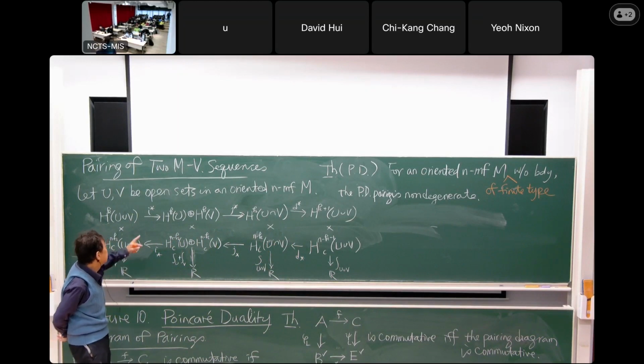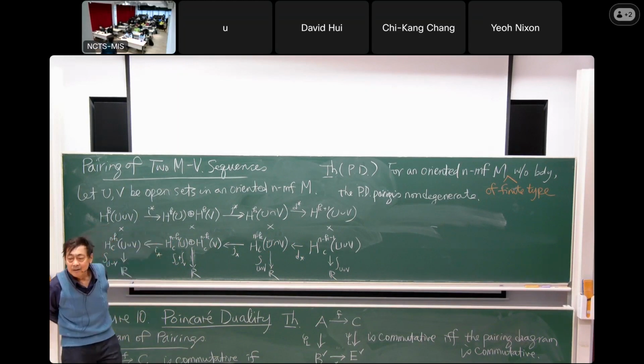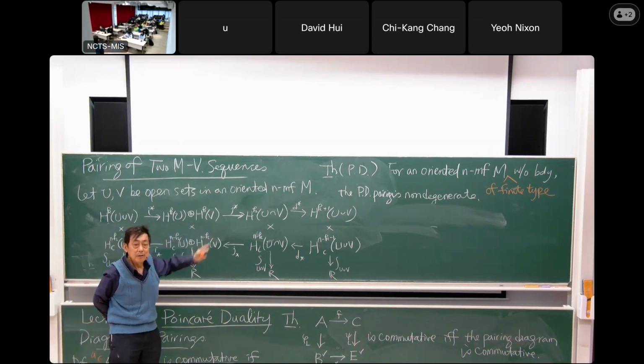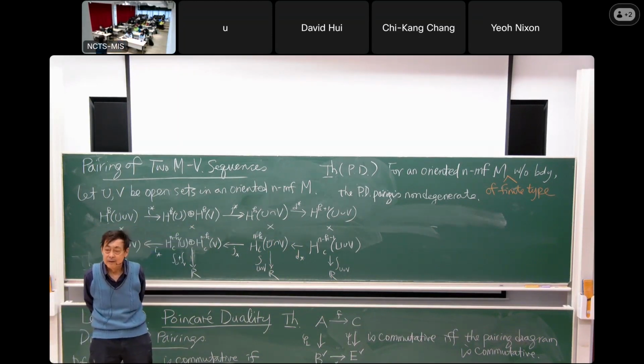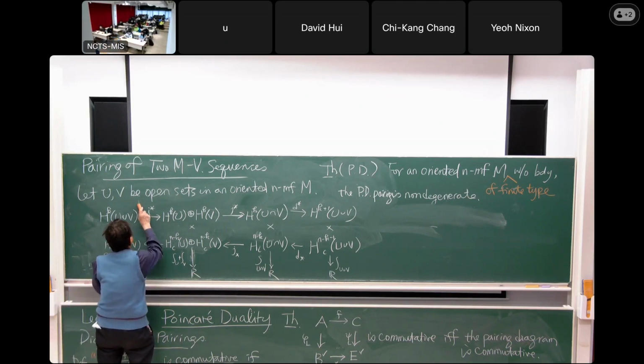We have to know what these maps are. Now, can you remind me what is this map, I lower star, from the union to the individual open sets? It's a restriction, right? Yeah, so this map is the restriction.